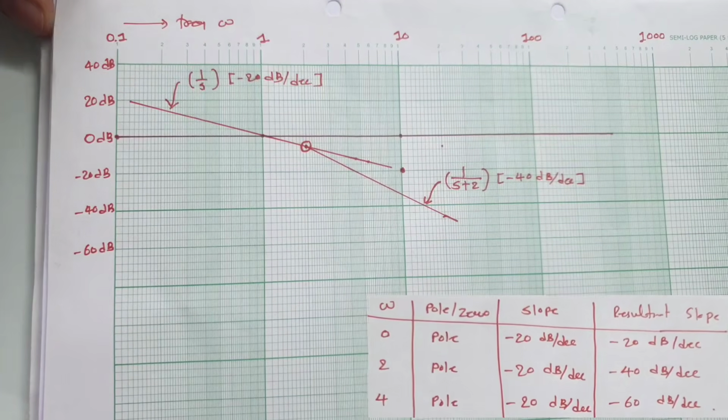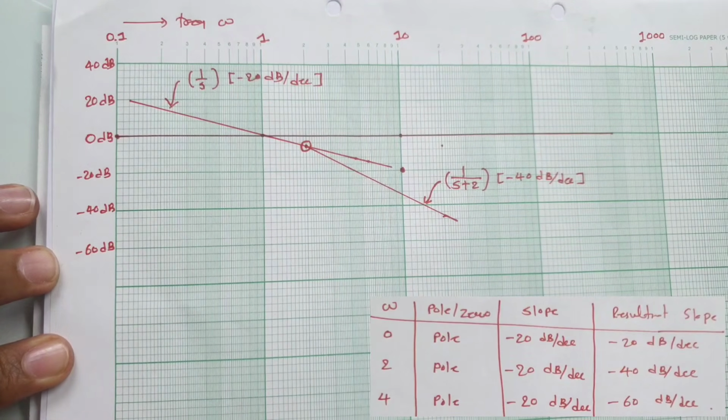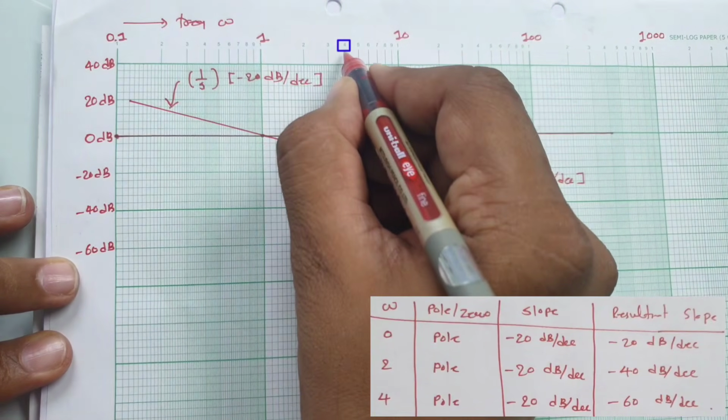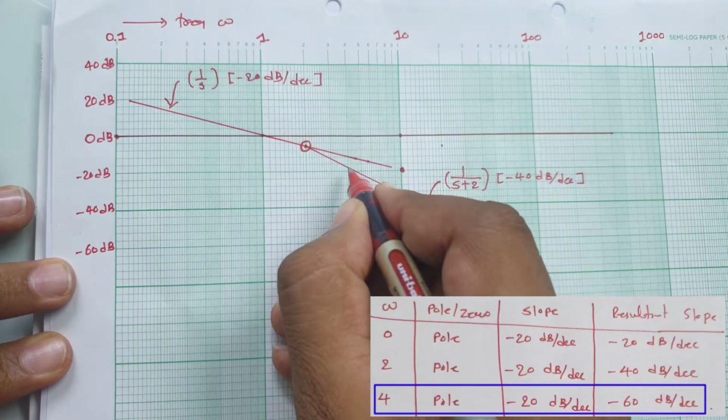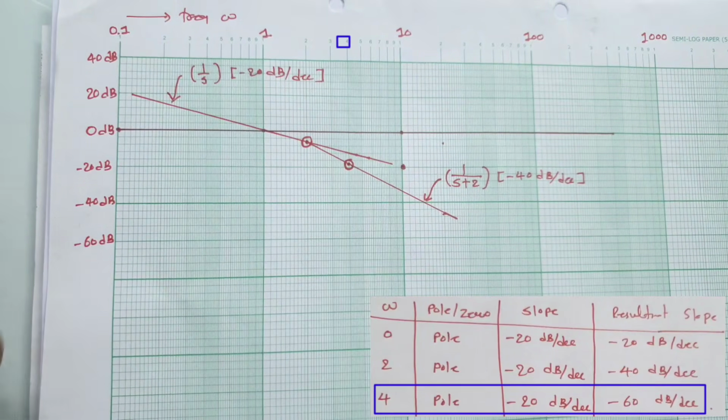Now if you see our next corner frequency, that is happening at omega equals 4. You see this is 2, this is 4, so that is happening somewhere over here. So make a bubble.